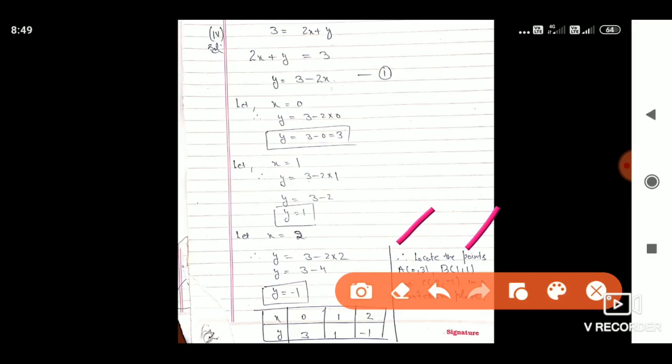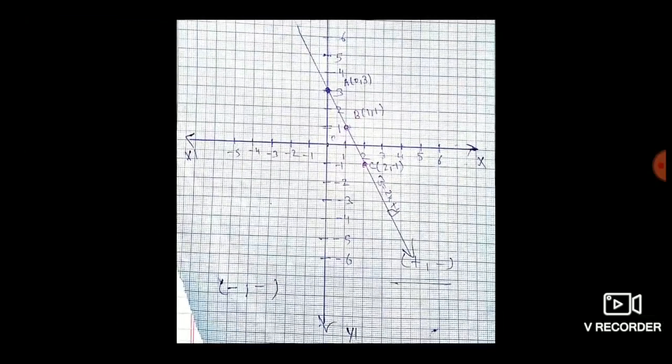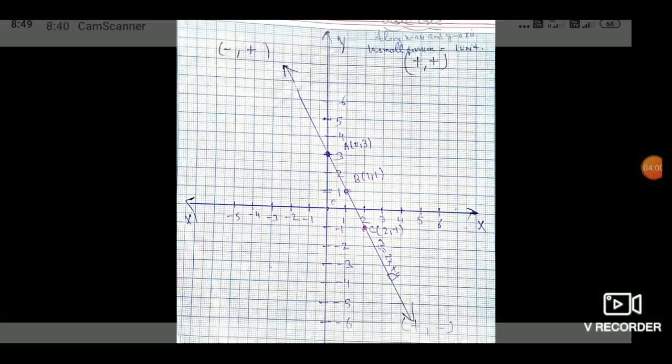Now represent these 3 points in the Cartesian plane. So draw the Cartesian plane, x-axis and y-axis, and locate the position of the given points. First point is 0 comma 3. Now in 0 comma 3, your x coordinate is 0, it means your point lies on your y-axis.